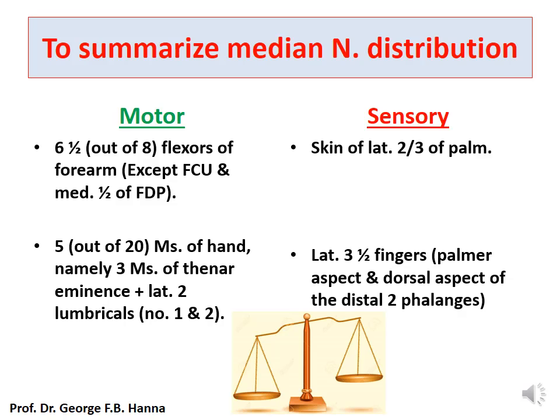Let us see in the upper part of the screen here, 1 sensory branch, but the median nerve supplies 6.5 muscles out of 8. In the lower part of the screen, you have only 5 out of 20 muscles of the hand. Meanwhile, the median nerve 2 terminal branches supplying the lateral 3.5 fingers, which are the majority of the fingers of the hand.